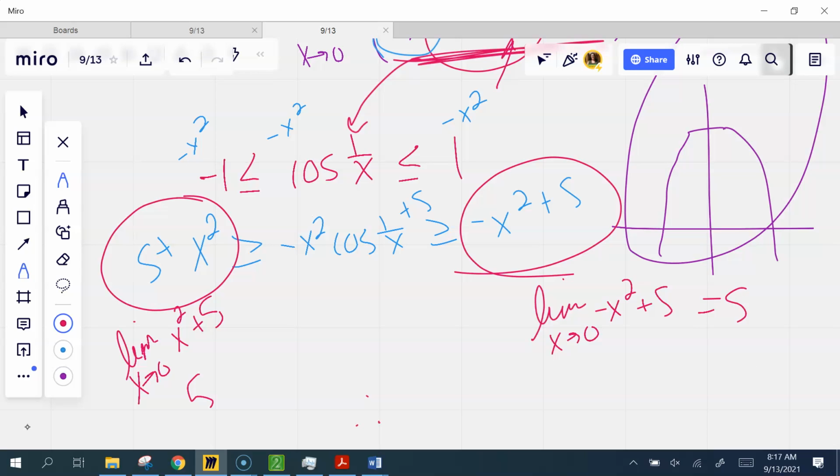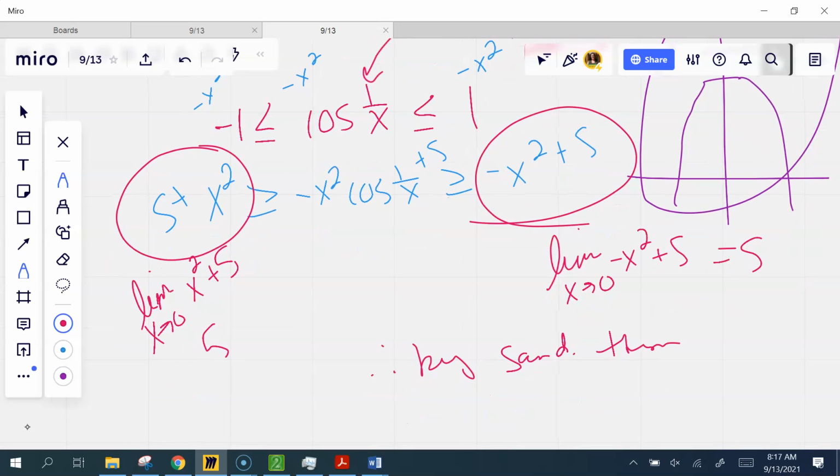So therefore, by the sandwich theorem, sandwiched between two values, the limit as x approaches 0 of f of x has got to be 5 also. If the two ends are exactly the same, then the middle has to be the same also. That was probably the most missed on the test.